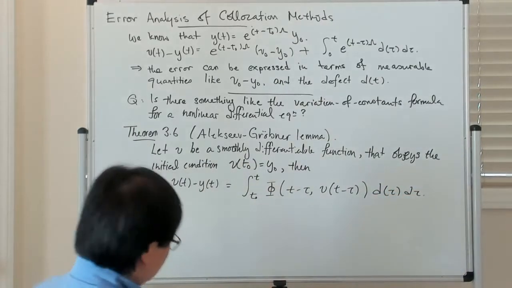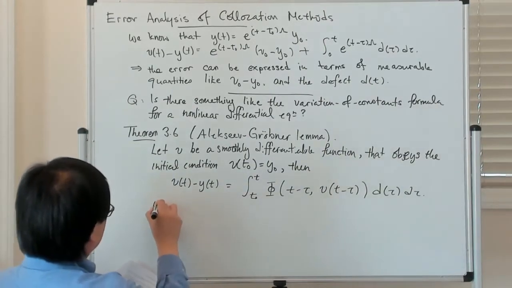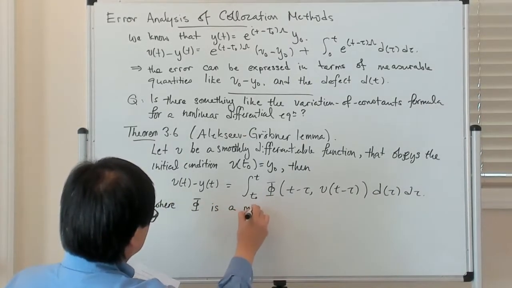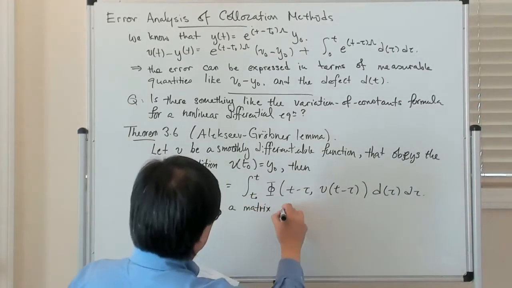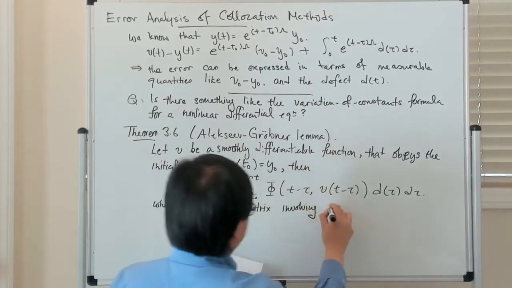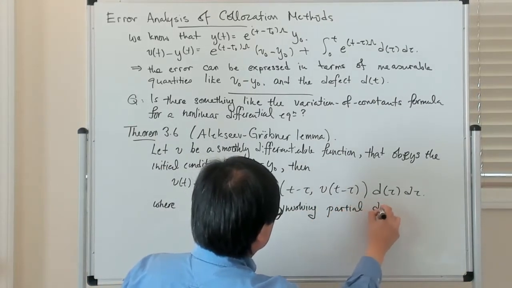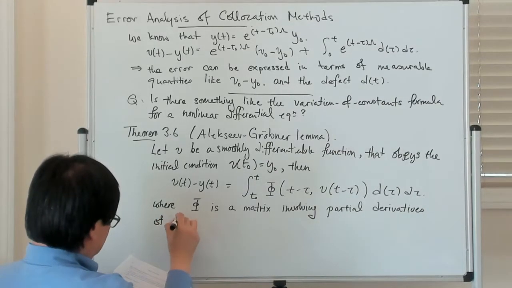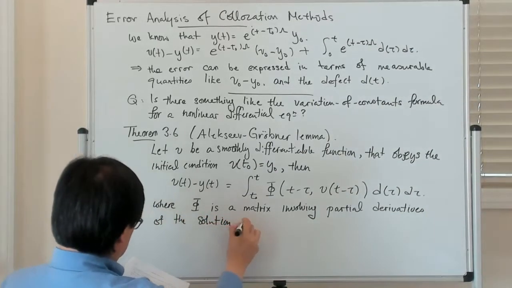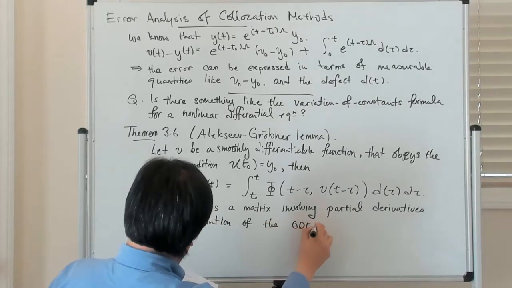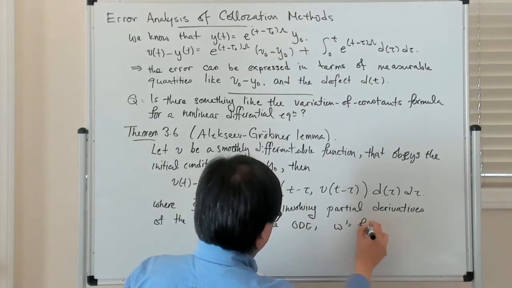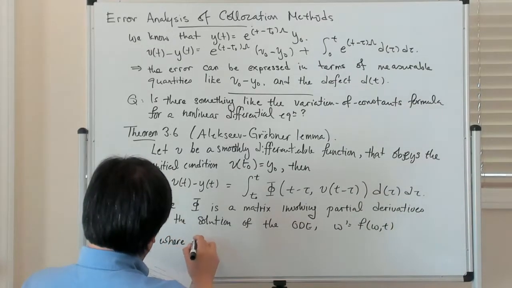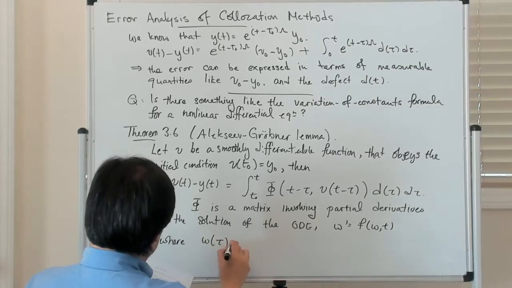Then that turns out to be the error which you get, where this map here is a matrix involving partial derivatives of the solution of the ODE w prime is equal to f of w of t, where w of tau is equal to v of tau.